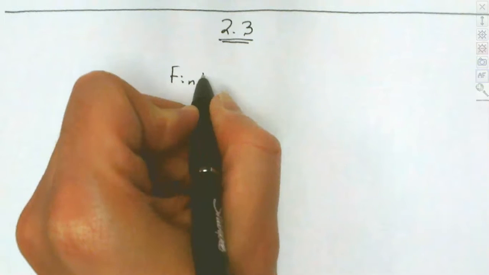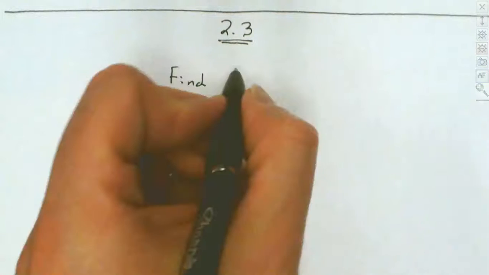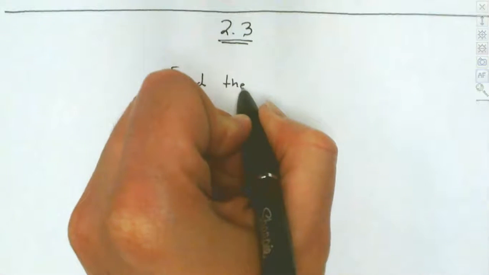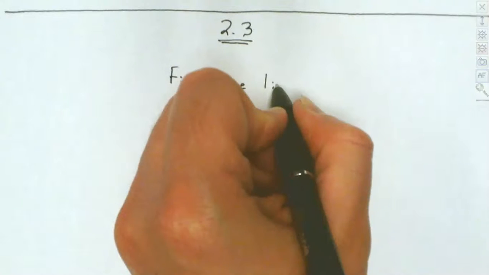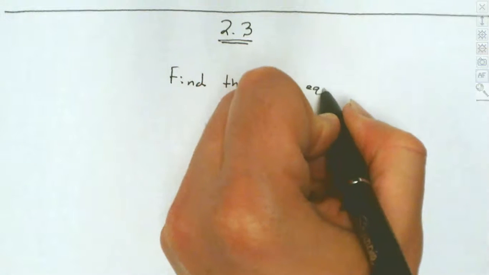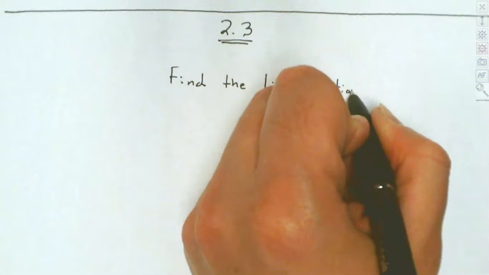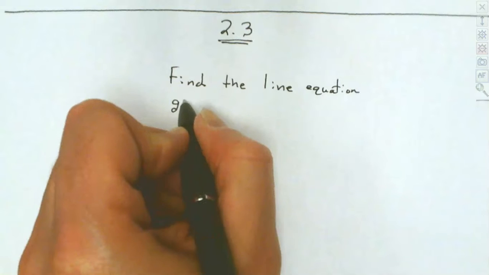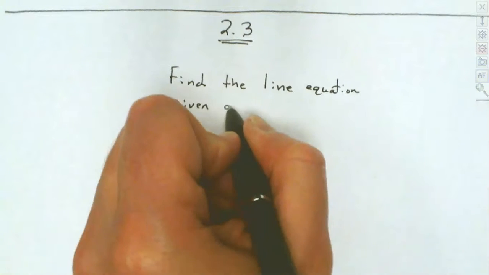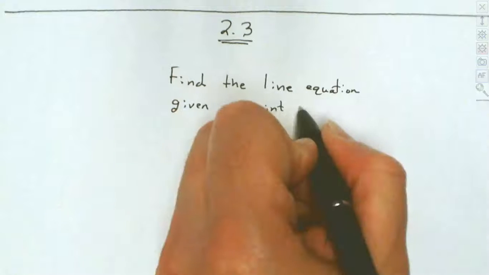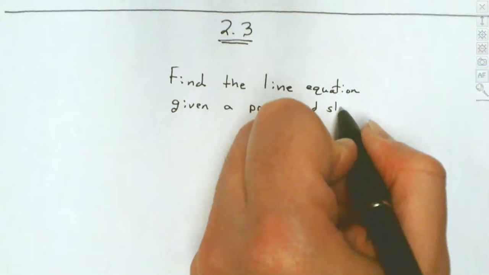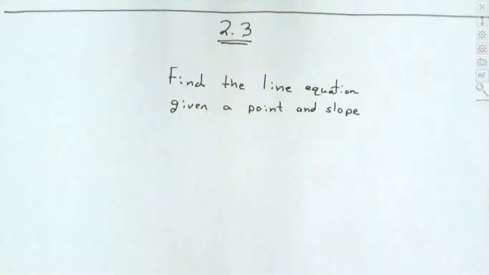And the best way to do these is to use a flowchart. So we're going to find the line equation given a point and a slope. So this is our first one here. We're going to do these with a flowchart.